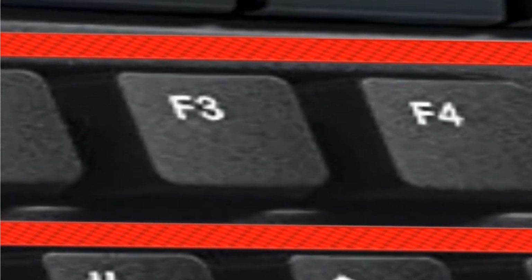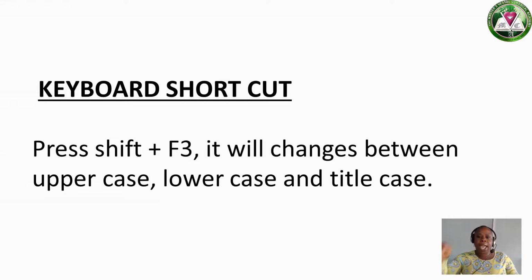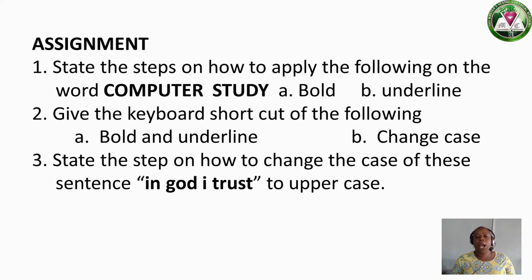You press your Shift key and you start pressing F3. As you are pressing F3, it's changing from uppercase, lowercase, or title case. Be watching the screen, you will see it changing from one case to another. You must press and hold down the Shift key before you start pressing F3. That is how you change your casing.